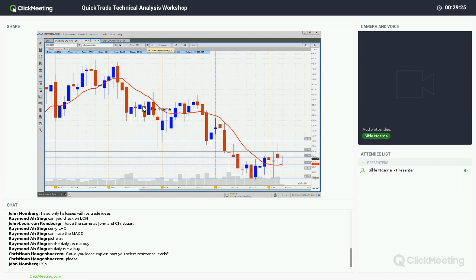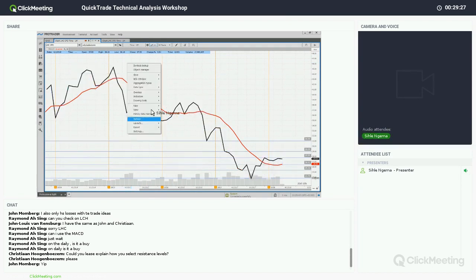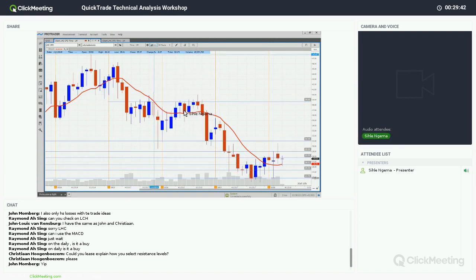Let me change it to the line chart. This is your horizontal line at the top there, around 38.65. This was your support. It was your resistance here. Although it was above the red line or the moving average, we had our resistance here, so you didn't have to go in and buy this market, because you had your resistance nearby.